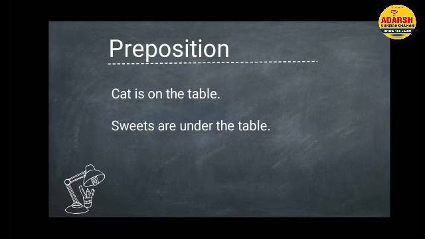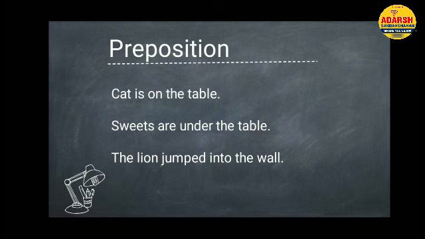Here our preposition is under because it is creating a link between sweets and table. Next is a lion jumped into the well. Here our preposition is into because it is making a relation between lion and the well.